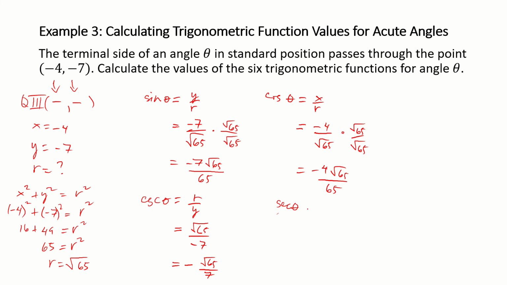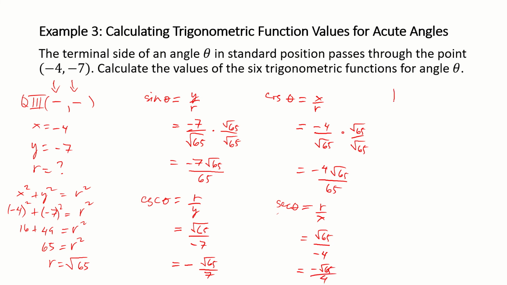Then the reciprocal of our cosine is secant, so r over x, just the reciprocal of x over r. So square root of 65 over negative 4, or we can say negative square root of 65 over 4.